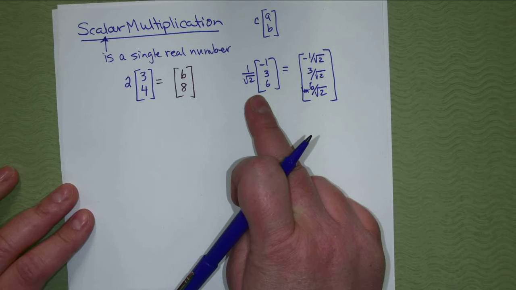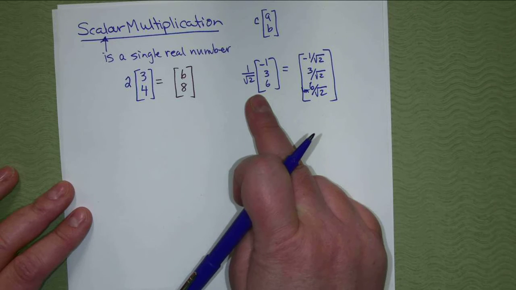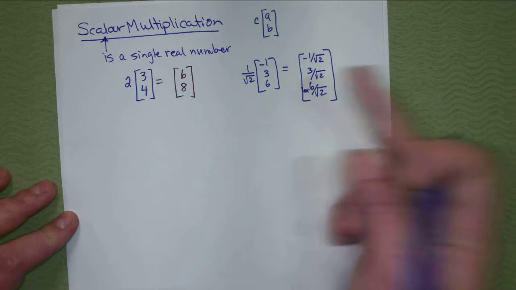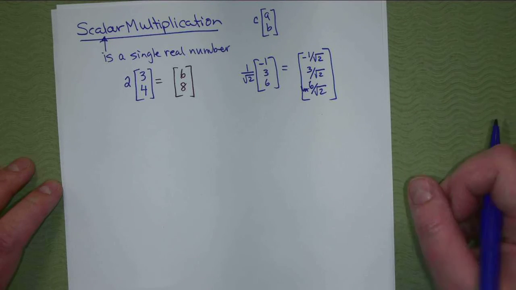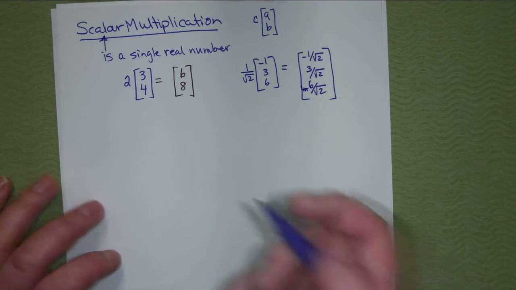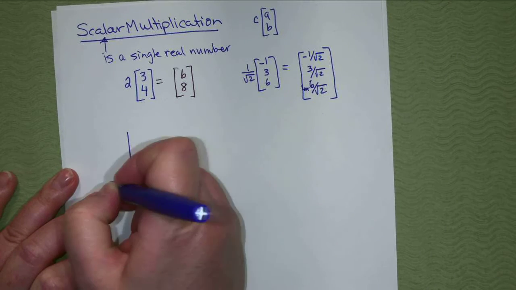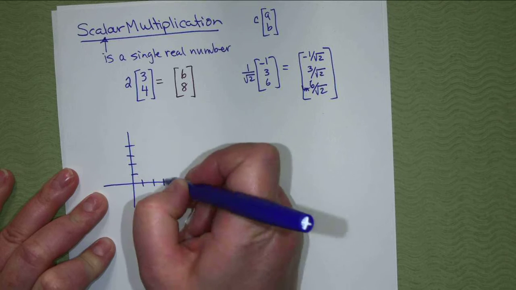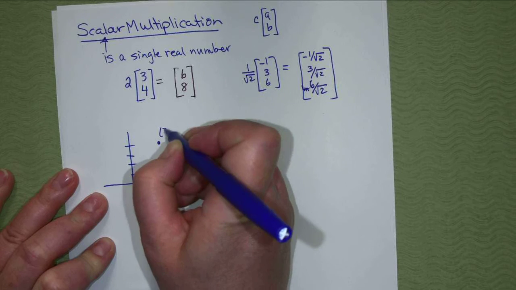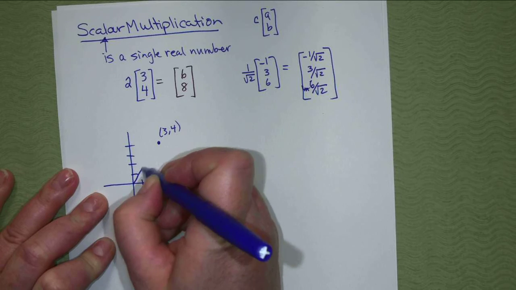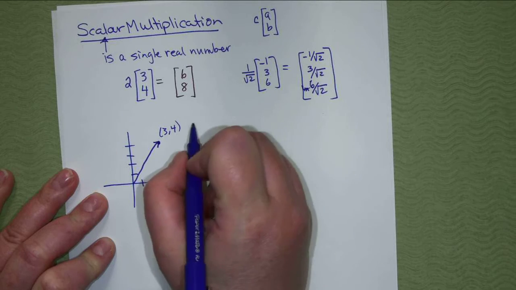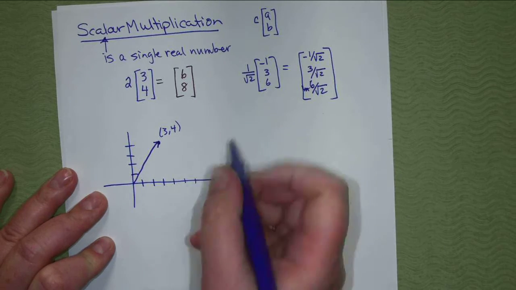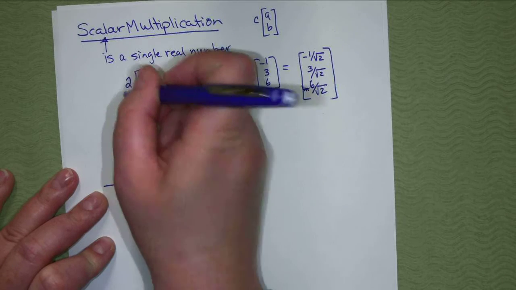Right, if it was, just pretend it was 1/2, so it would make half the length, right, if that was a half. That's 1 over root 2 of the length, right? So, for example, if we drew the vector 3, 4 in standard position, then 6, 8, well, I should have drawn that down lower.